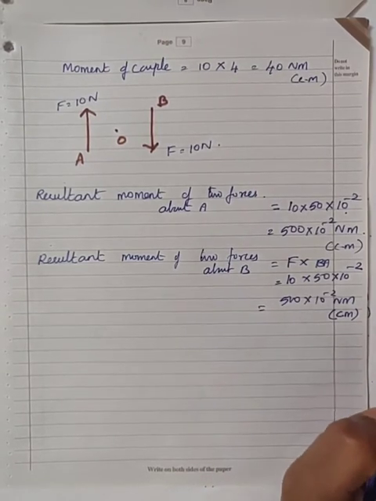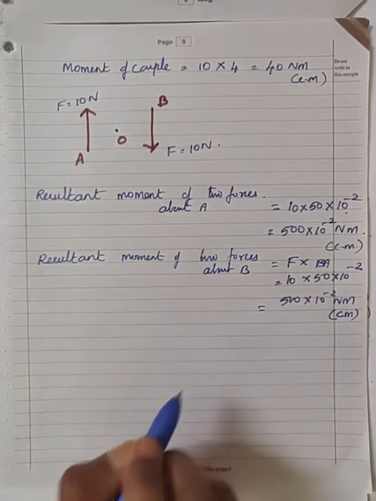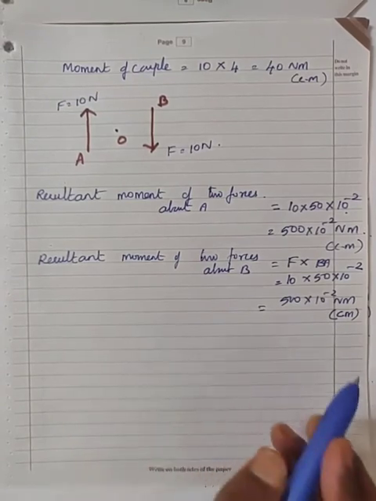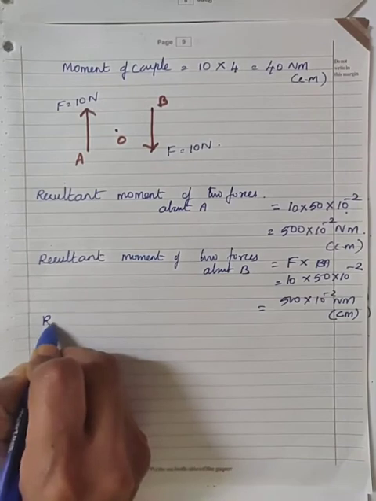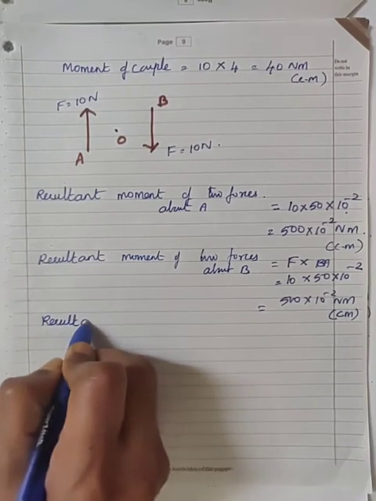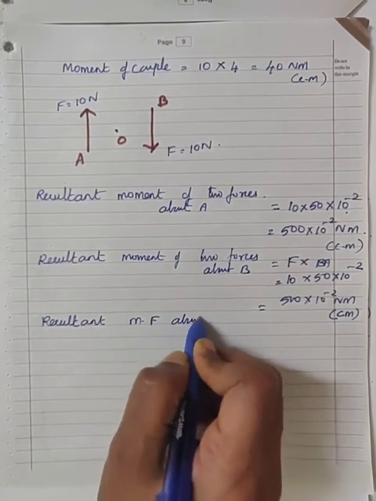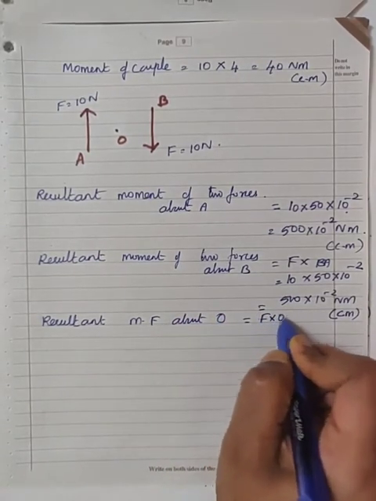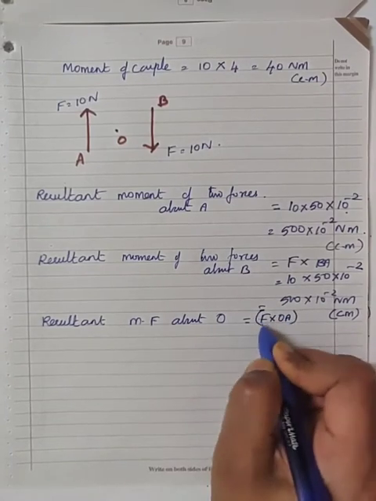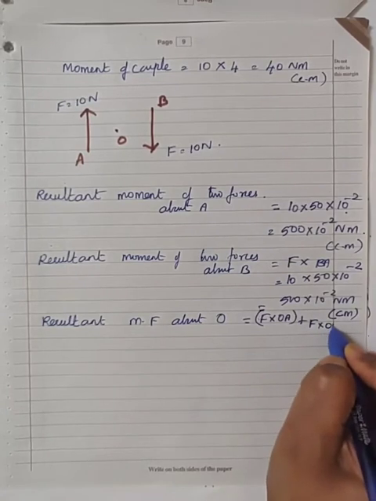Okay. Next one, they ask you to calculate the resultant moment of force about the point O, which is situated exactly in the middle of the two forces. So next, I have to calculate the resultant moment of force about the point O, which is equal to F into OA, the moment of force acting about the point O, plus F into OB.